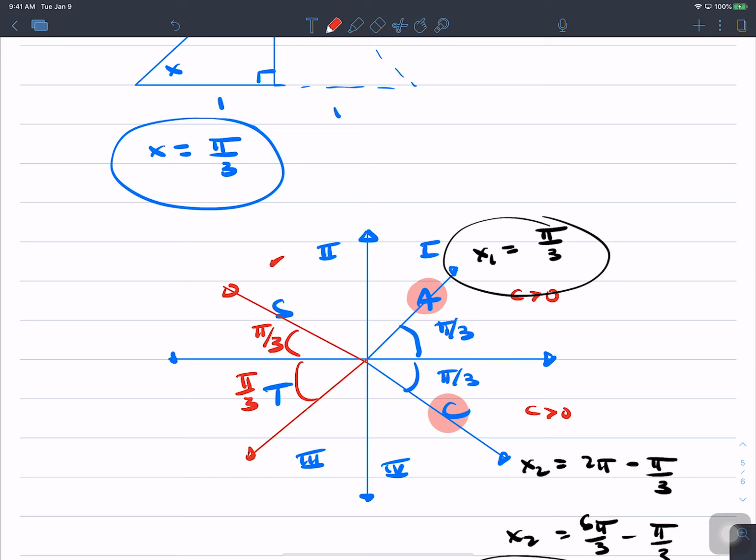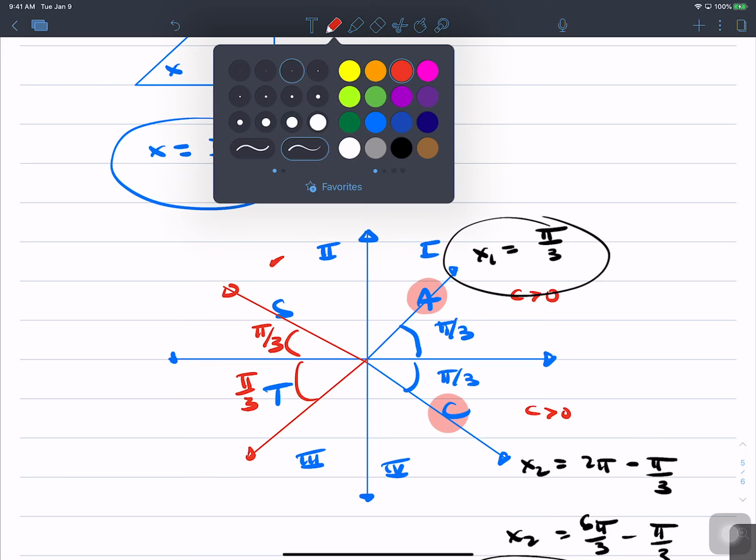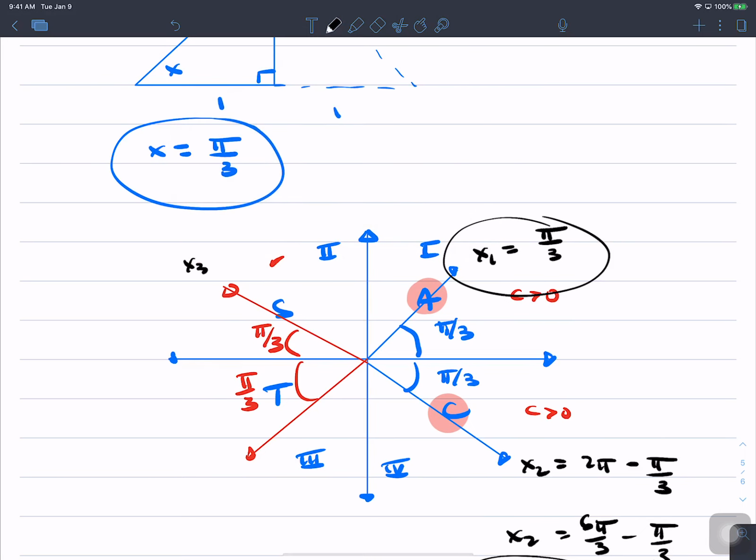So here's this reference angle, which means that my third solution will be pi minus pi over 3. Or the third solution is, we see that as 3 pi over 3. It's going to be 2 pi over 3.